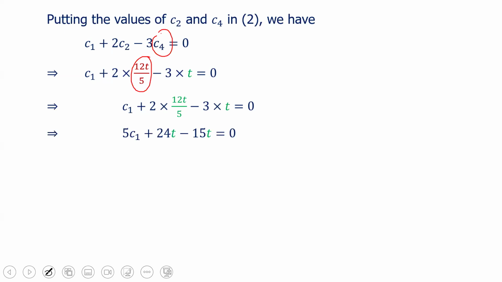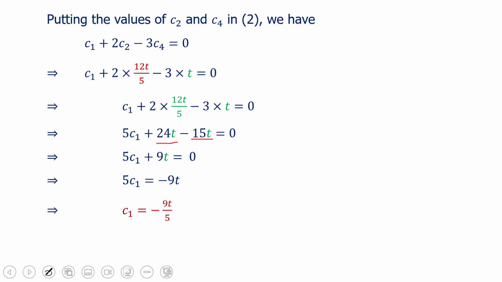Multiply the whole equation by 5. So 5C1 plus 24T minus 15T equal to 0. 24T minus 15T is 9T, equal to 0. So 5C1 is equal to -9T, which gives us C1 is equal to -9T upon 5.